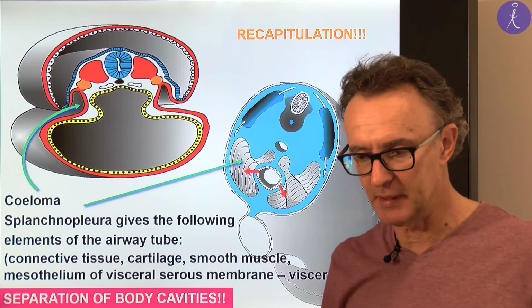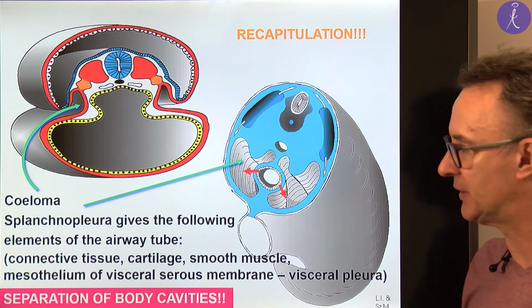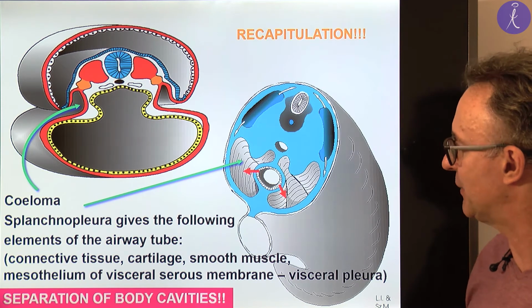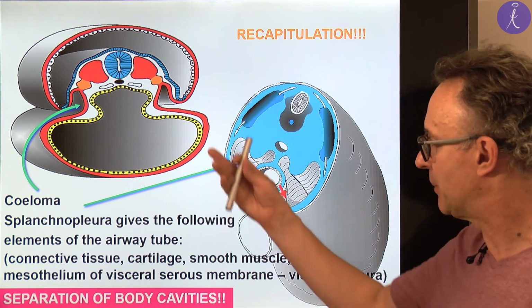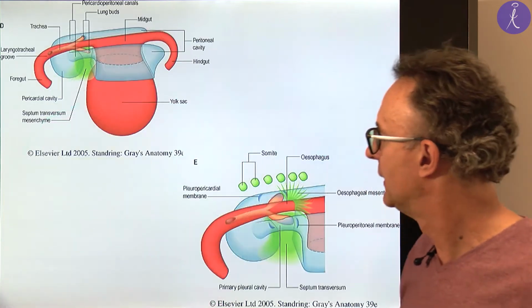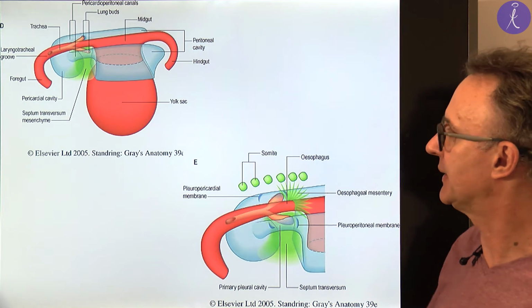The separation of the body cavity is one of the first topics in embryology, so I don't wish you to draw this question in the exam, but you may be involved in this topic if you get this question. That's why I wanted to show you schematic drawings to help understand this process.